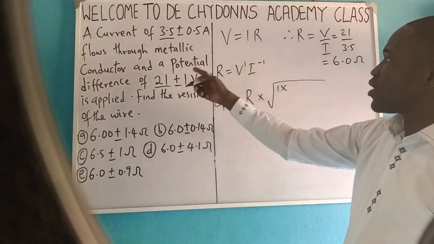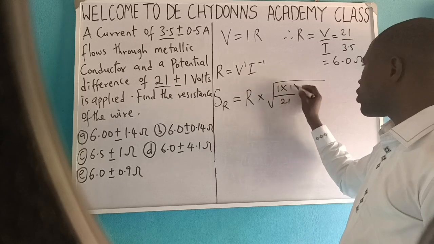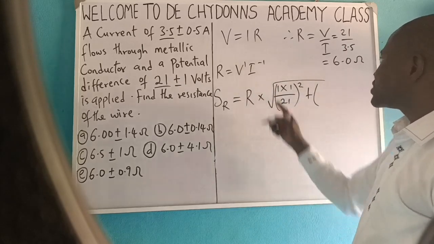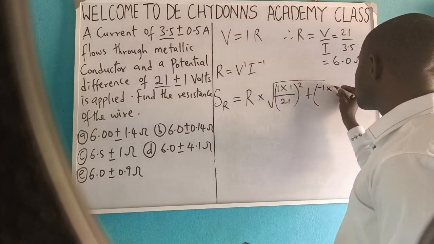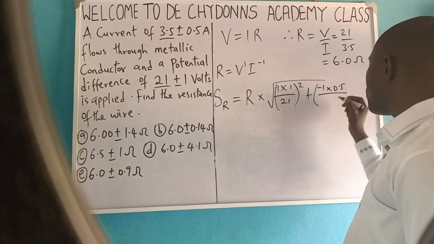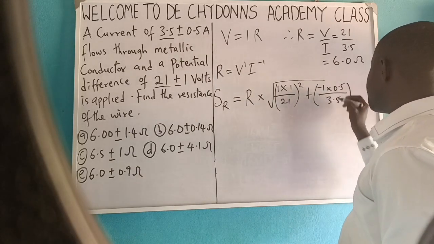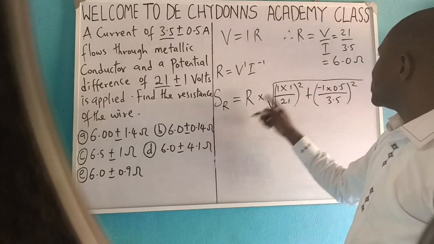Times what is the error in getting V? 1. All over what is V itself? 21. All squared. Plus what is the power of this? Minus 1 times what is the error? 0.5. All over what is the current itself? 3.5. All squared. Our R is 6.